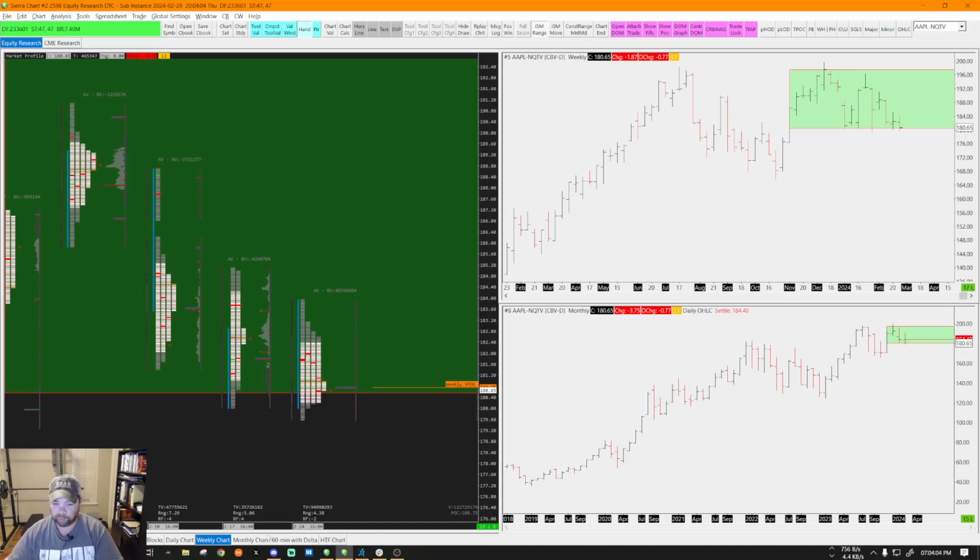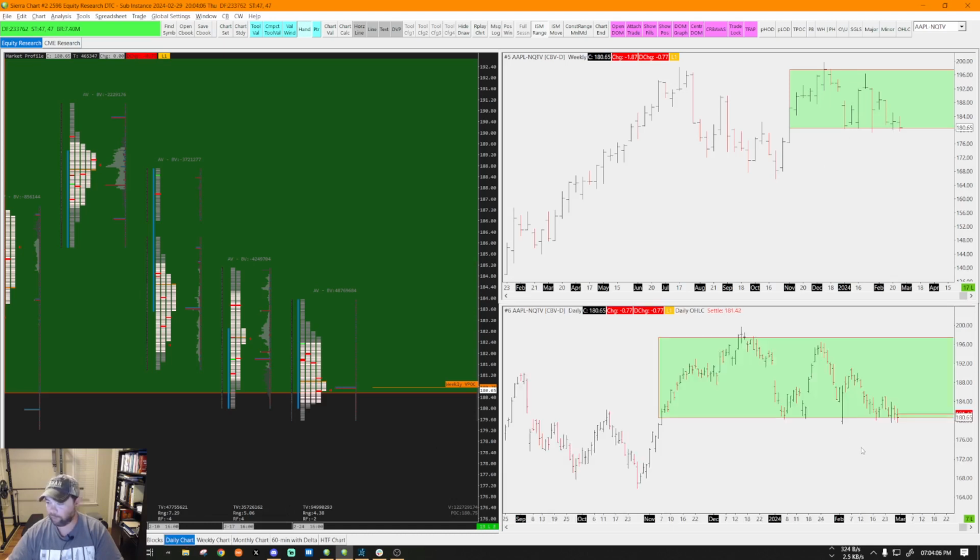This is a weekly chart. There's our daily chart down here. Really just include this area for now. So a very big balance area.